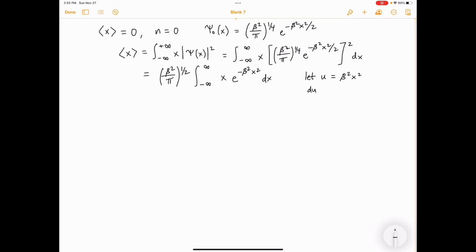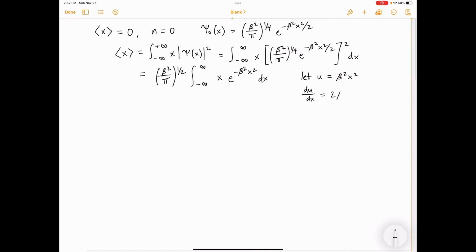And if we take the derivative of that, du/dx equals 2 beta squared times x. All right, so if I rearrange that, I can say x times dx is equal to du divided by 2 beta squared. And that's nice because in the integral, I have x times dx.